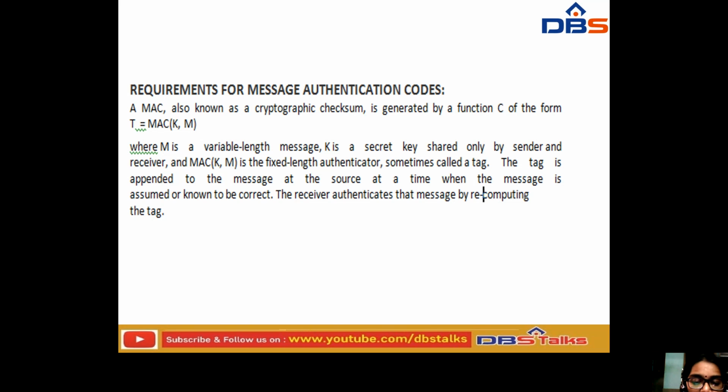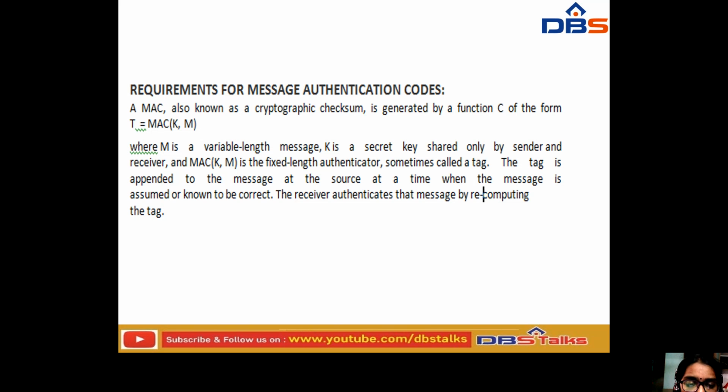We computed that tag at the sender side. The receiver will recompute the tag.